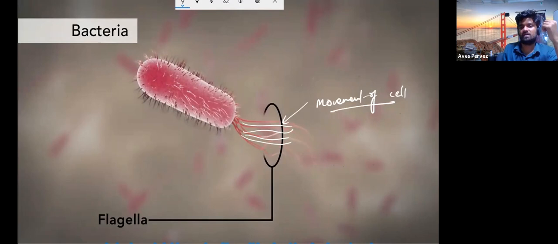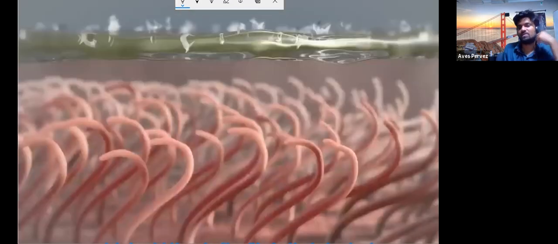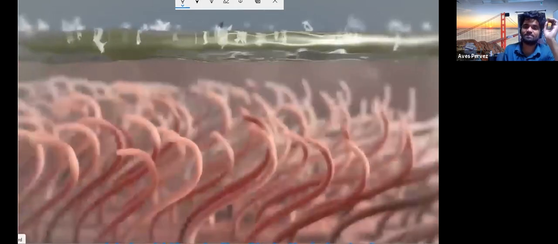Some specialized cells have these thread-like structures, and they help in trapping dust particles or removing waste, and prevent unwanted particles from entering the cell. This feature helps trap inhaled particles in the air and expels them when you cough.